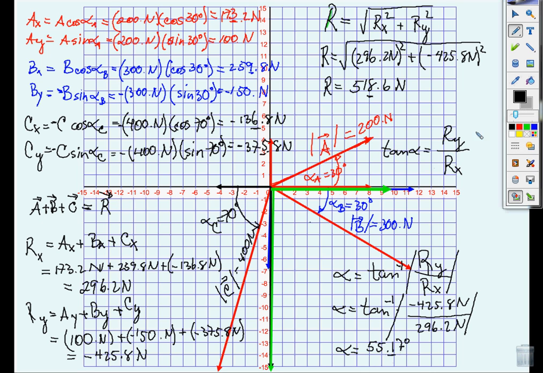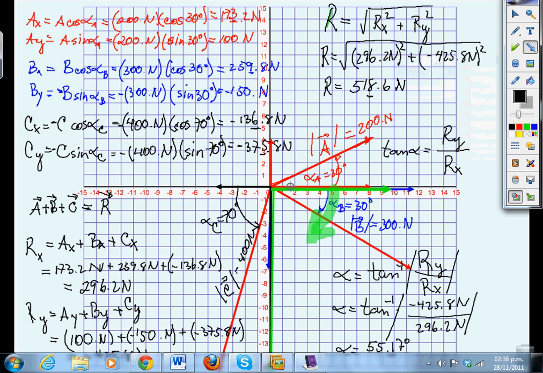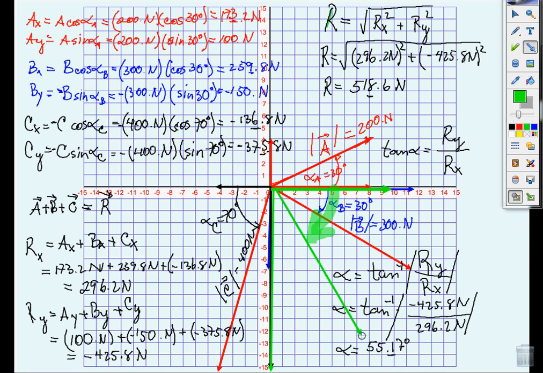It means that this vector, I'm going to make an estimate, has a reference angle of approximately 55.17. So it means that probably my vector resultant is somewhere in here. Okay, somewhere in there I have my vector angle. So this vector is the sum of A plus B plus C. How are you going to state this?